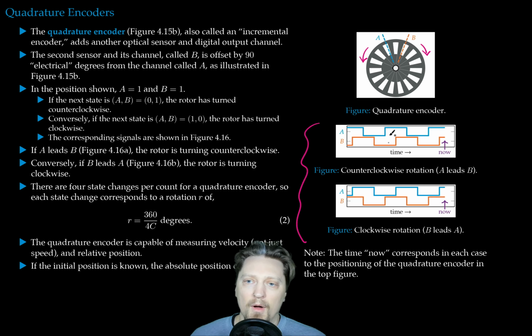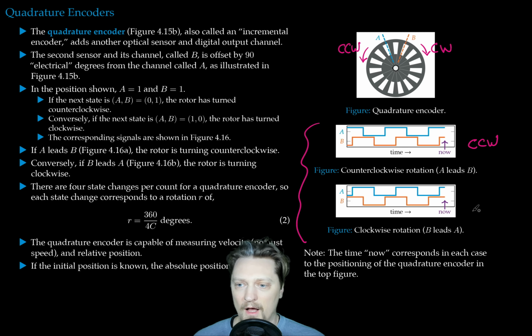For counterclockwise rotation, and for clockwise rotation, we have these two figures. So this is the counterclockwise figure, and this is the clockwise figure. If A leads B, the rotor is turning counterclockwise.